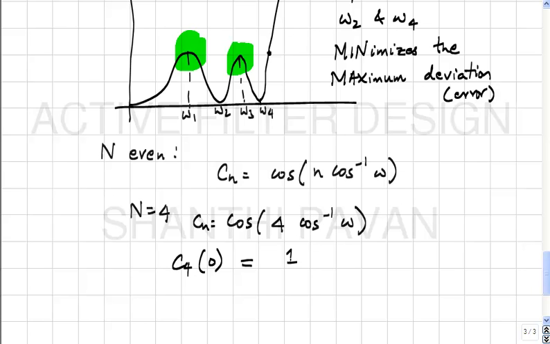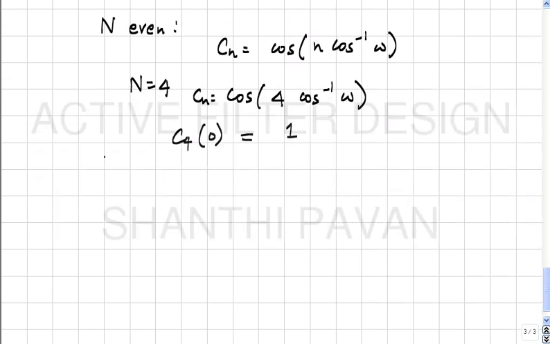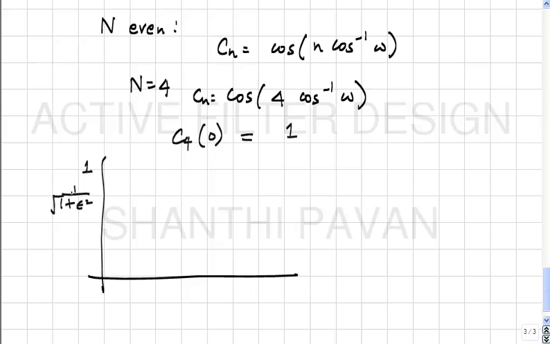So in other words, for an even order Chebyshev filter, how will it start? The even order Chebyshev filter will not start from 1 in the filter transfer function. It will start from 1 by square root of 1 plus epsilon square. So it will do this 1, 2, 3, 4, and this still remains.